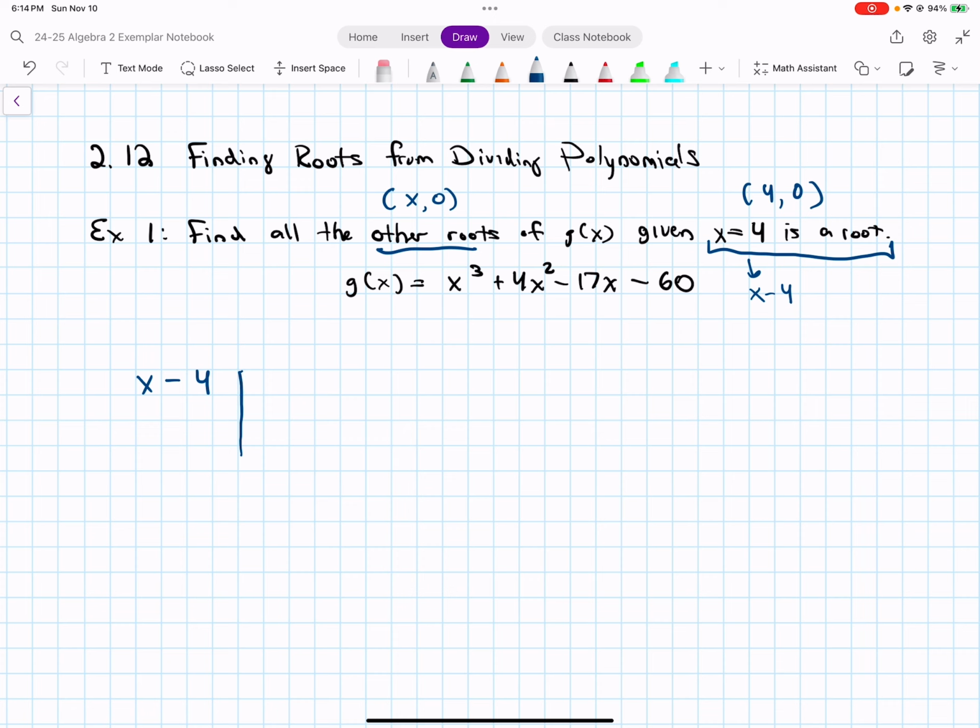And then here is our dividend, x cubed plus 4x squared minus 17x minus 60. Our first step is to set up with all the regulations.